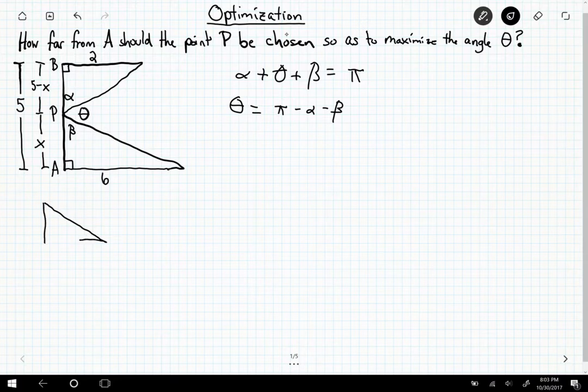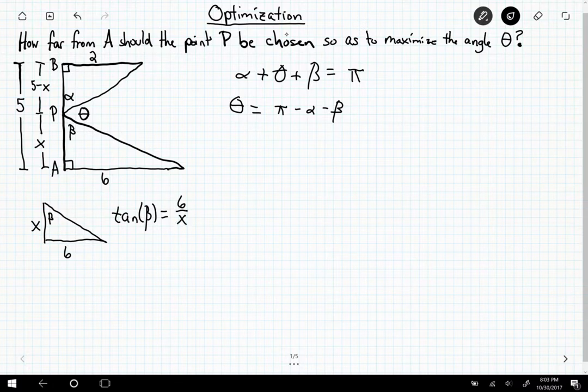If we have our angle beta here, and this side is 6 and this is x, what's the relationship? Notice that the tangent of beta should equal 6 divided by x.